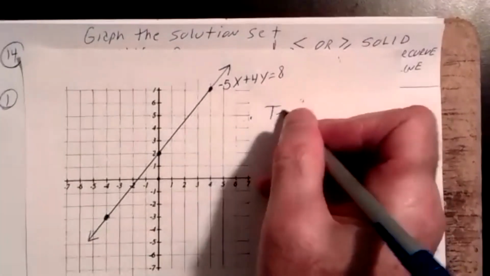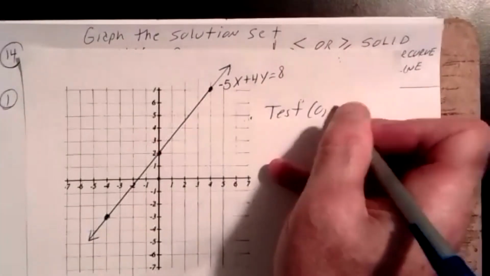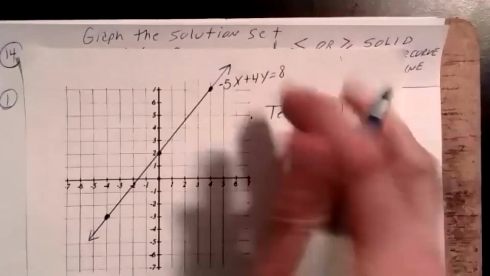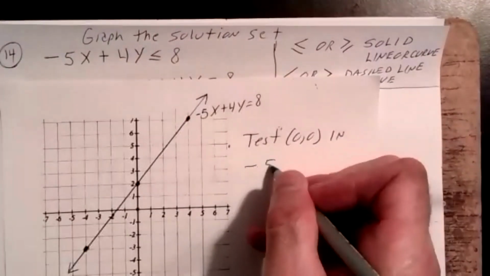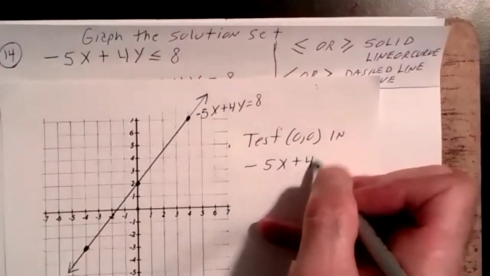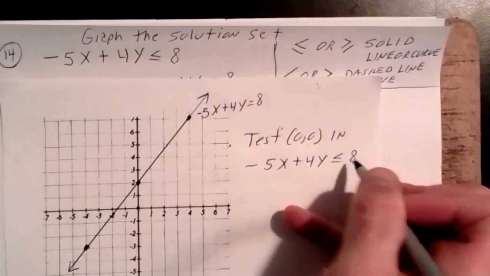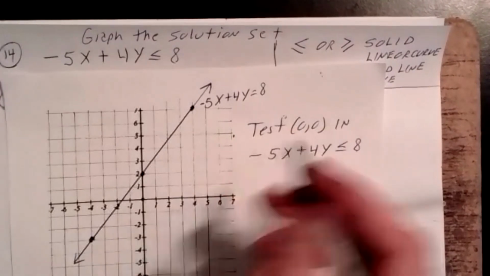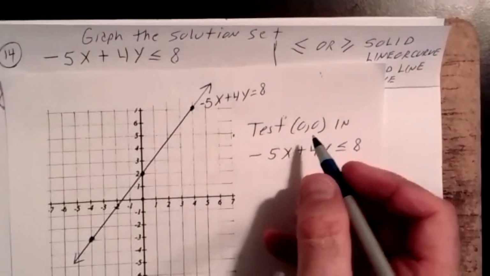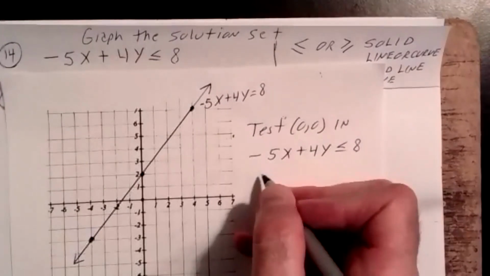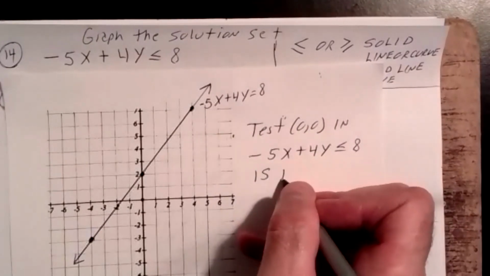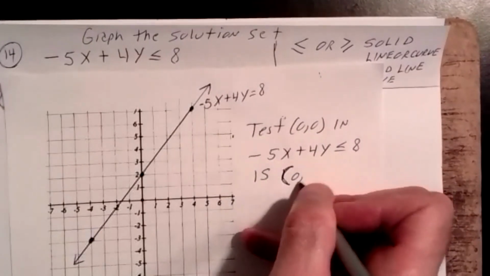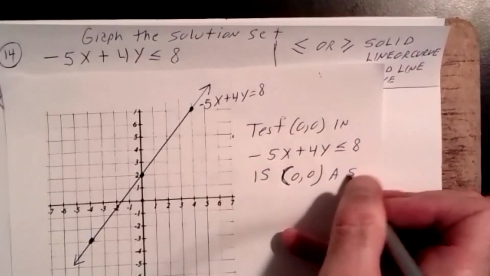So I'm going to test out 0, 0 in my inequality, which is negative 5x plus 4y less than or equal to 8. Now, why are we testing out 0, 0? Well, we're going to determine if 0, 0 is a solution to the inequality.